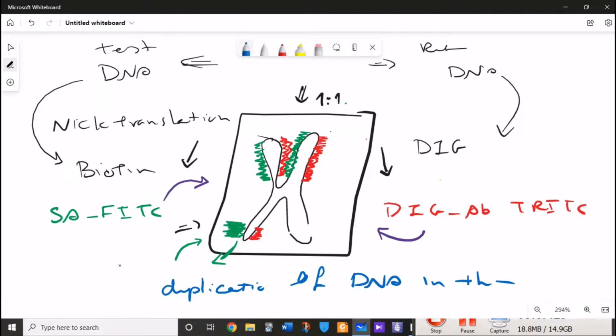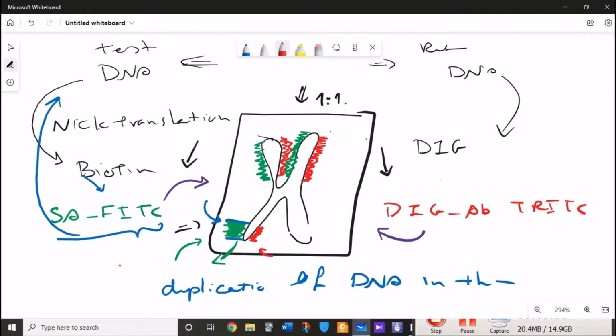in tumor cells. So in this sample that originated from tumors, we have duplication in this region. So in the tumor sample, we have more representation of this region than in the reference sample, because the reference sample is from a healthy tissue.